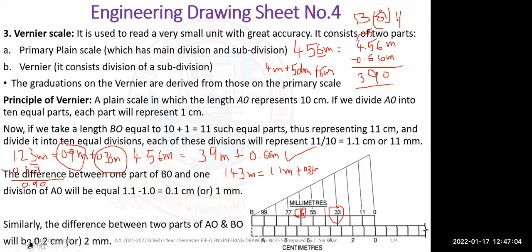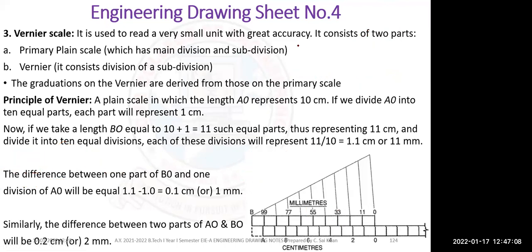Similarly, if I want to perform the same problem in the forward Vernier, suppose there is a problem, 4.58 meters, and I have to measure this 4.58 meters in the forward Vernier, 9th table. How can I divide?